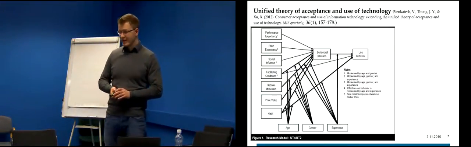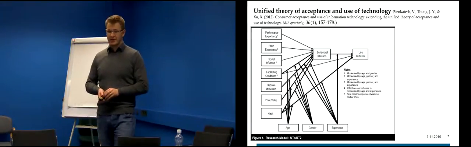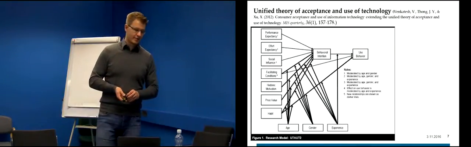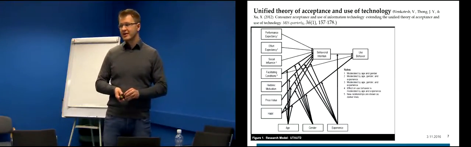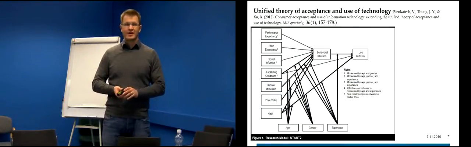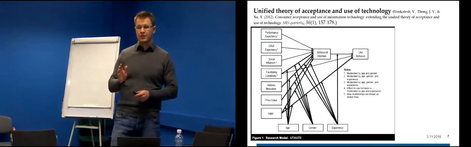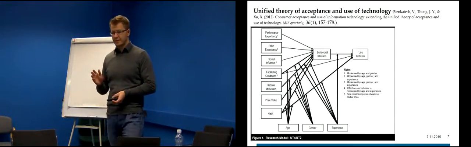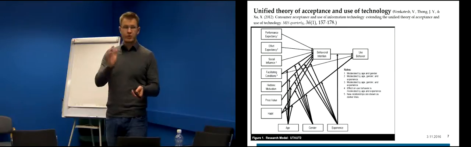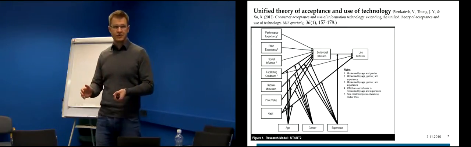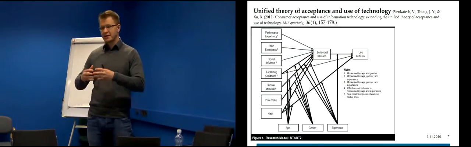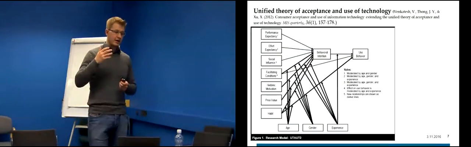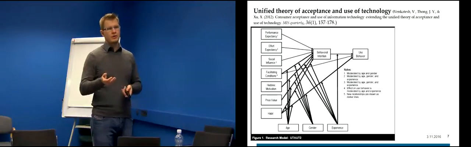So if we have, for example, a habit of using certain kind of technology or website, that habit could actually drive over the fact that there's another website that's more useful and that's easier to use than the website that we have the habit of using, but the habit still affects the use behavior quite a lot.